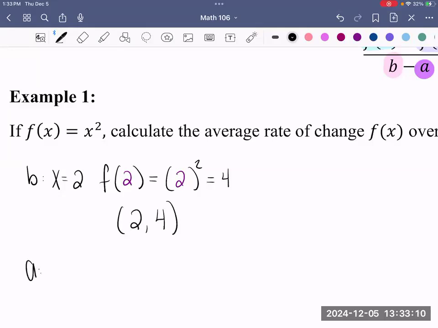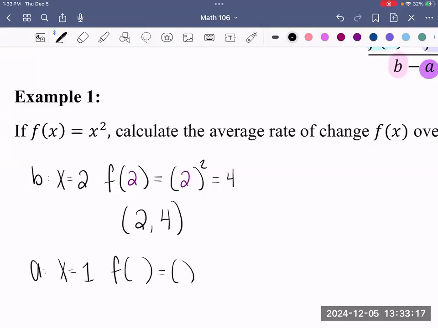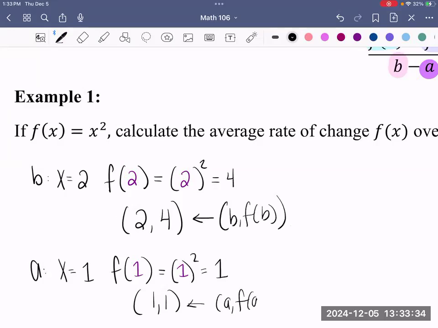We'll do it again with a. When a, we said, is x of 1, we're going to do the same thing and evaluate when x is at 1. So 1 squared is just itself. So 1, 1. This is b and f of b. This is a and f of a.